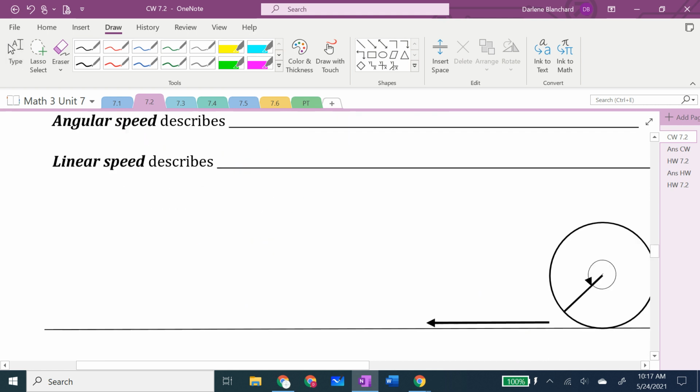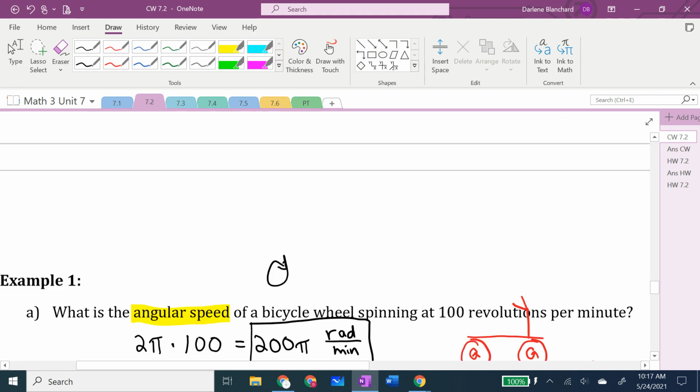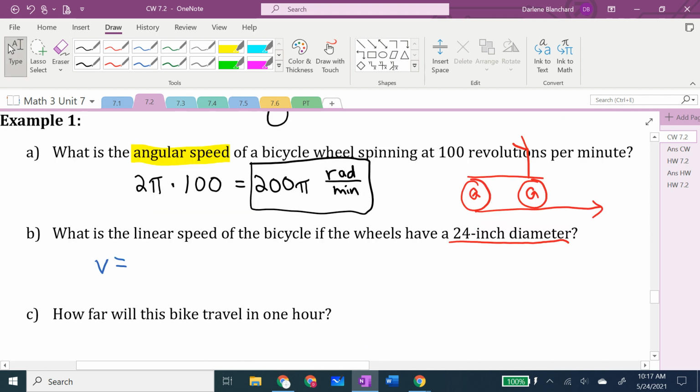I just need the radius of the circle multiplied by the angular speed, which is the 200 pi. And what is the radius of that bicycle wheel?